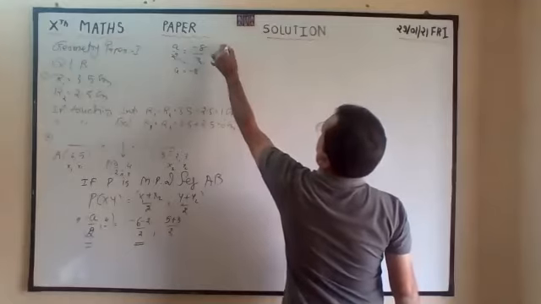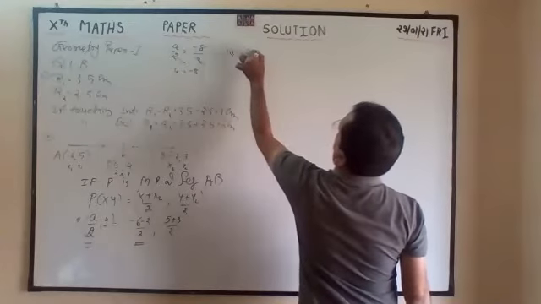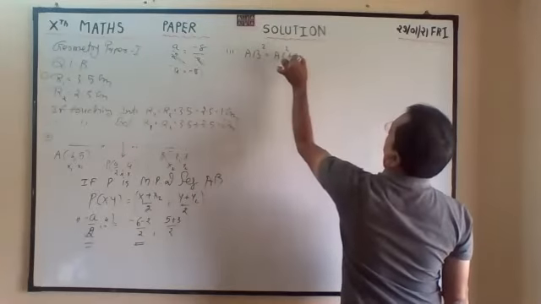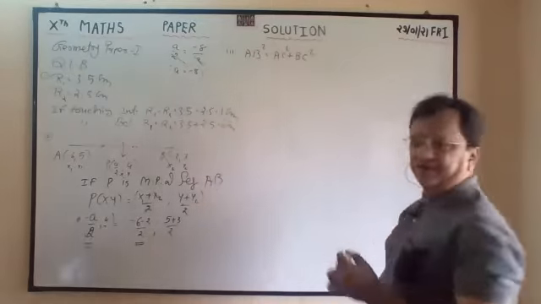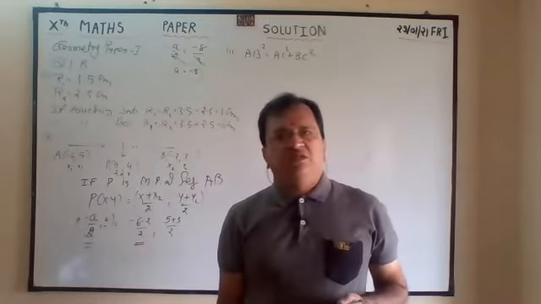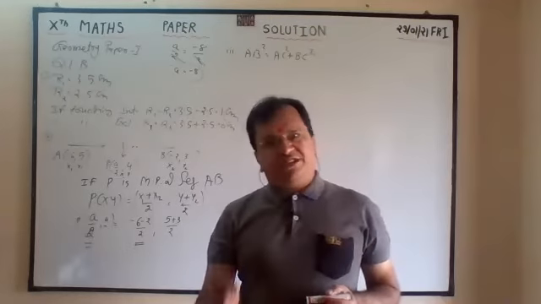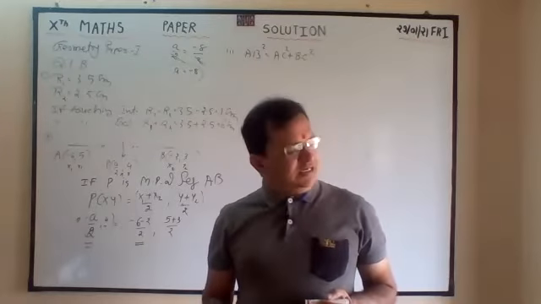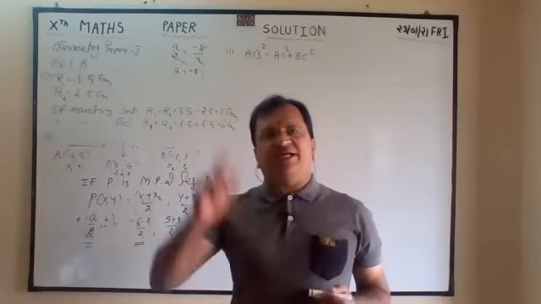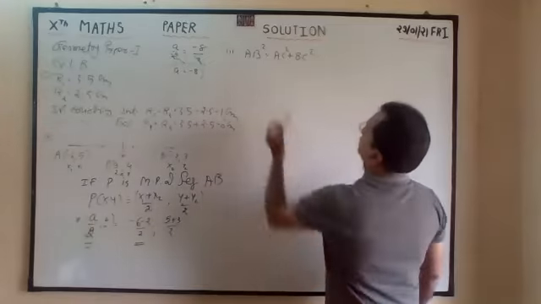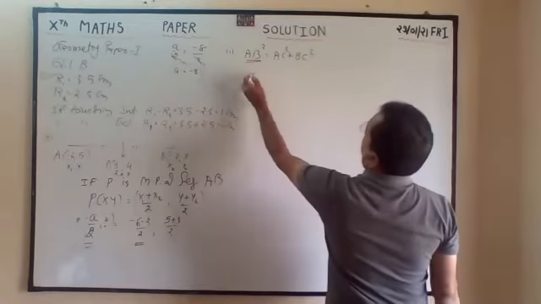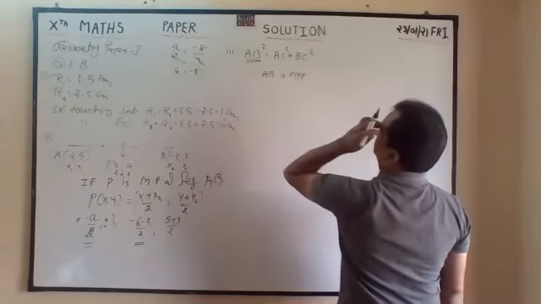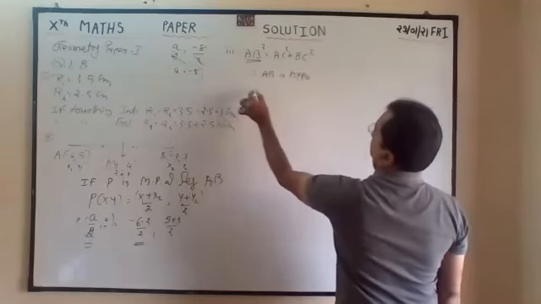Third, it is given AB square is equal to AC square plus BC square. So it is Pythagoras. Now they have asked in right angle triangle ABC, which angle is exactly 90? Therefore AB is the hypotenuse, correct.